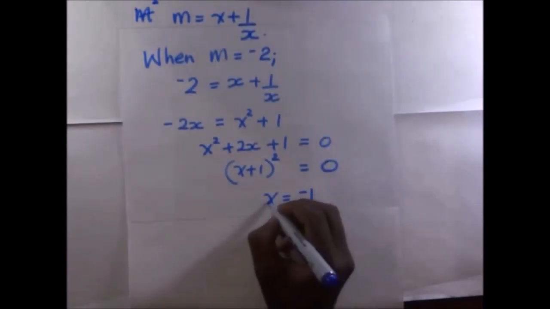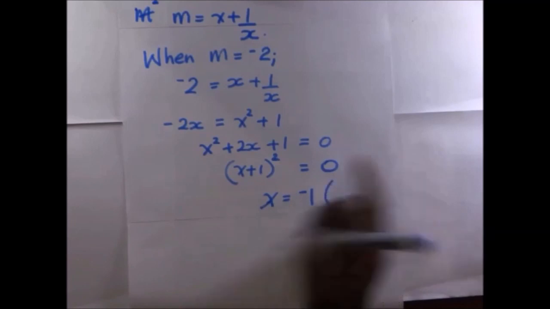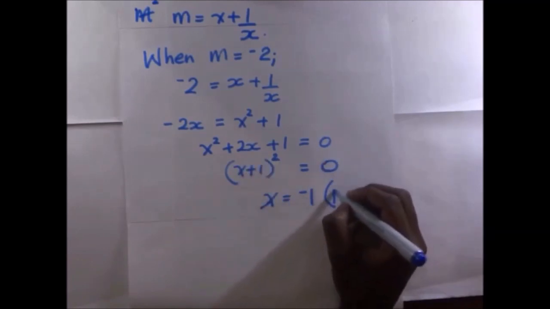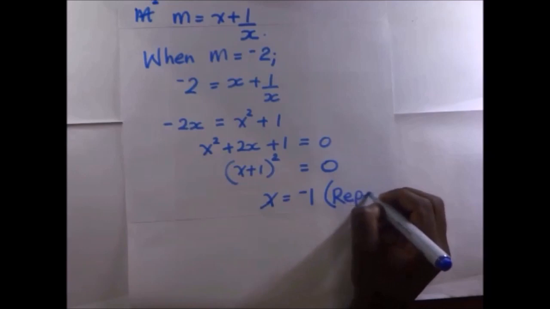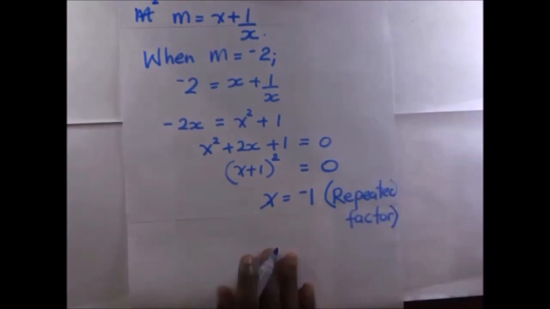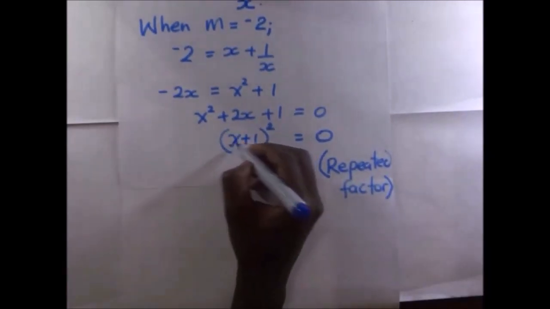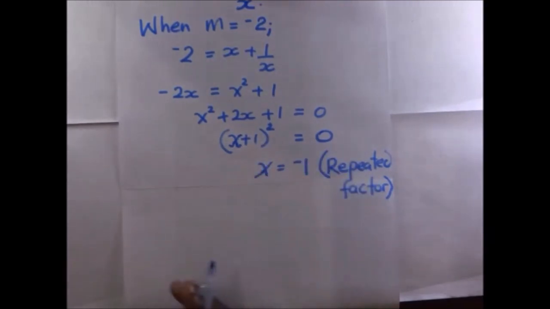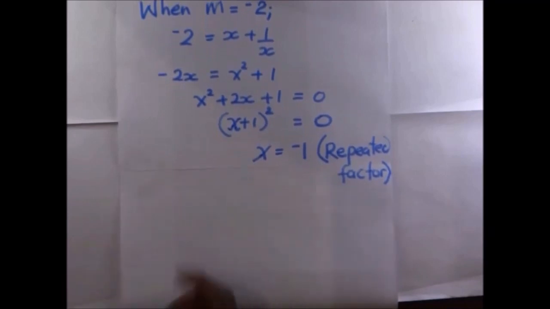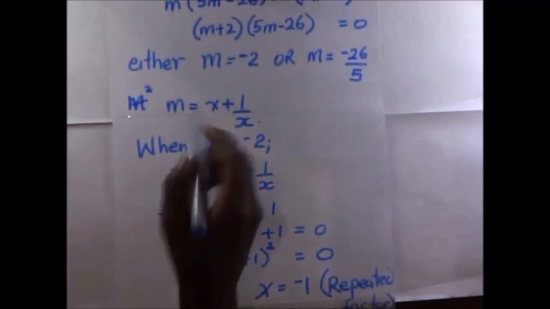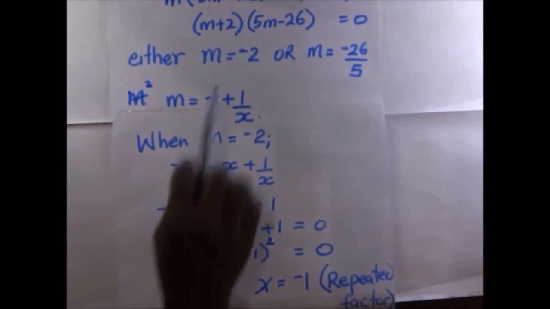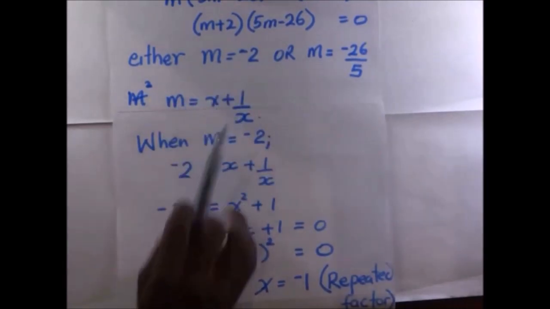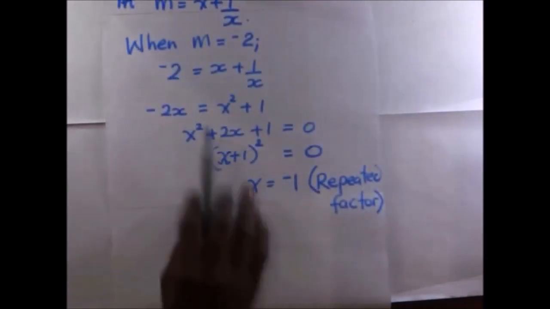Our value of x there is going to be negative 1, and that is one of the factors of that polynomial, and so this is going to be a repeated factor. It is a repeated factor because it's both positive and negative 1. So our first value of m was negative 2, and when we put m here, our value of x we get is negative 1.